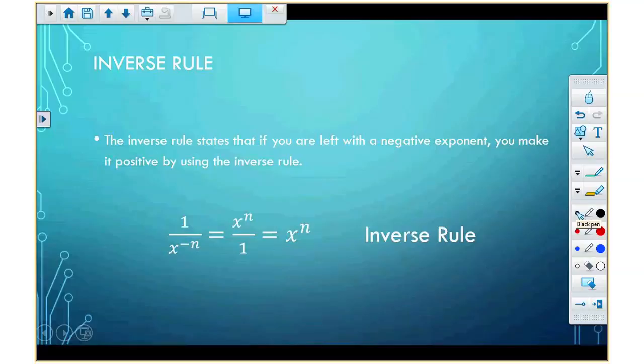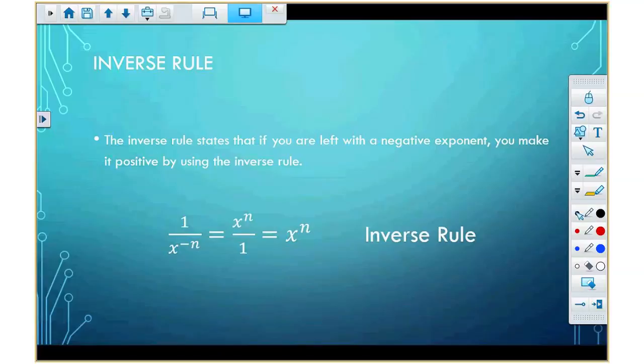The inverse rule says that if you have a negative exponent, flip it, and it will turn into a positive exponent. Now there is about a half a page derivation of this, or you can just take my word for it. I suggest you take my word for it. Anytime you've got a negative exponent, determine where the exponent is in relation to being a whole number or a fraction.